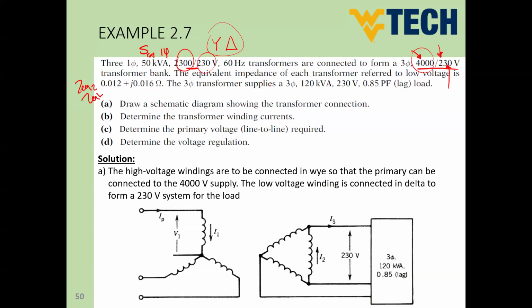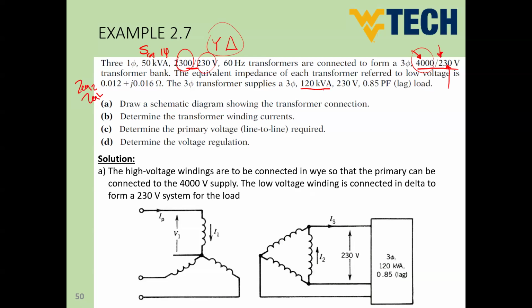The three-phase transformer supplies a three-phase 120 kVA, 230 volt, 0.85 lagging power factor load. So this is our load. The load is 120 kVA.